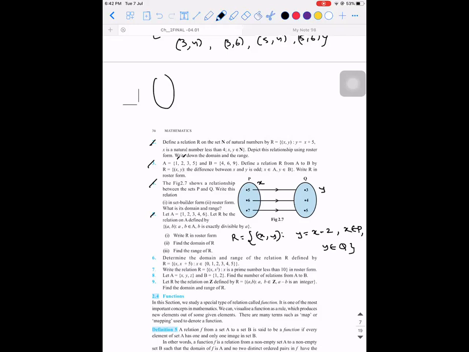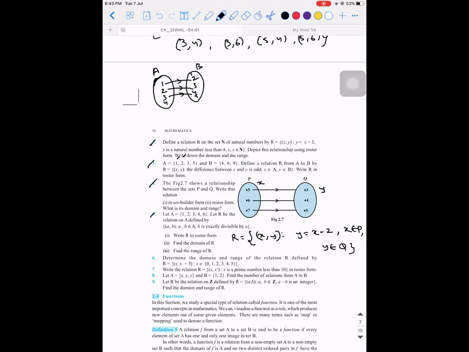Generally, take the first set, the set participating in the relation. In the first set, you will have certain elements. This is the first set, and this is the second set, let's say 2, 3, 4, 5. I'm randomly drawing a diagram: 1 to 2, 2 to 3, and 3 to 4.